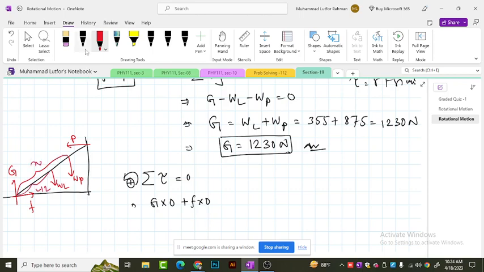Let's now calculate the torque. So now minus WL, this is the force.